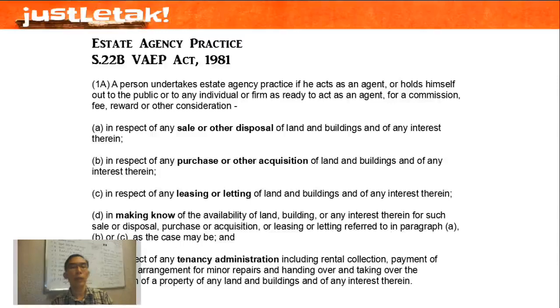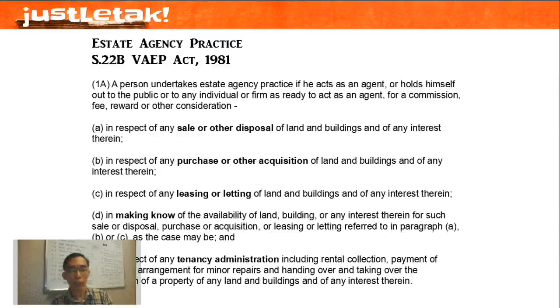And in the case of A, B, C, D and E, which are subsections of section 22B 1A, what 1A says is a person undertakes estate agency practice if he acts and is ready to act for a commission, a reward or consideration.